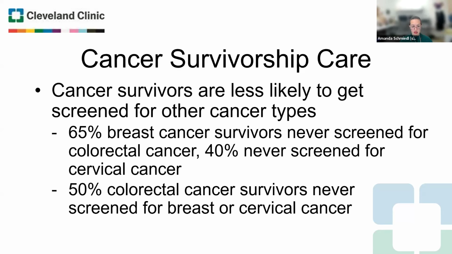These are numbers that we're definitely trying to lower, because just because you have been treated for breast cancer or colon cancer doesn't mean that your risk for the other cancers is decreased, and in fact may be increased in some cases.